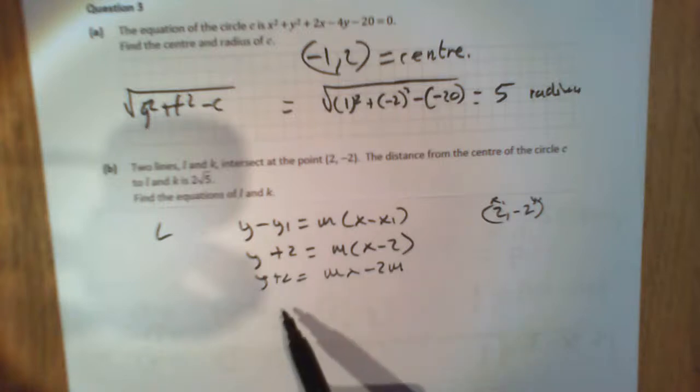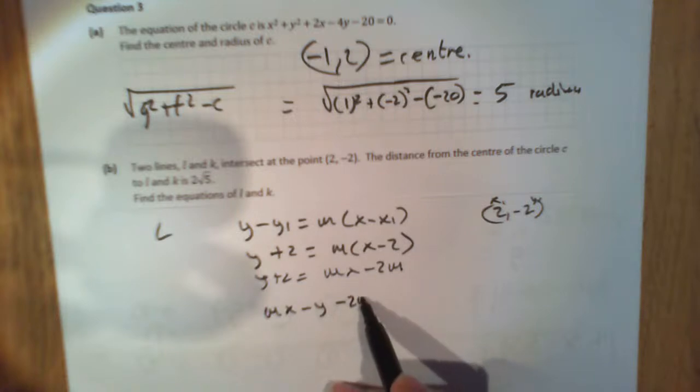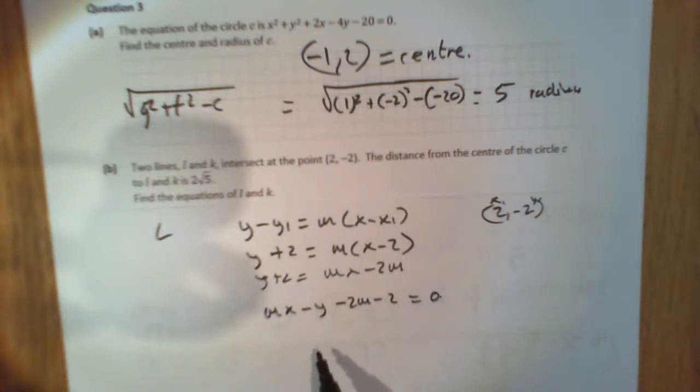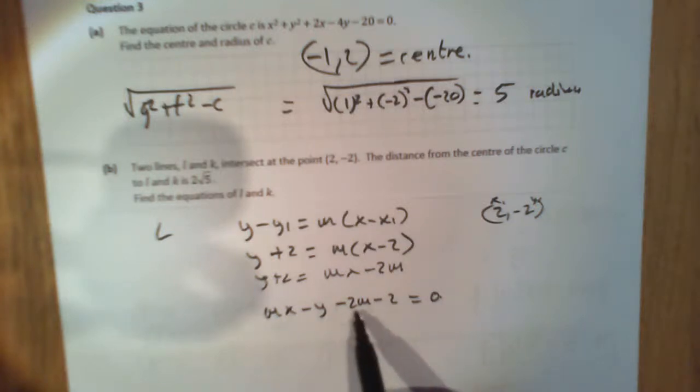So bring it all together: mx minus y minus 2m minus 2 equal to 0. Okay? So you can probably factorize it if you really want to.